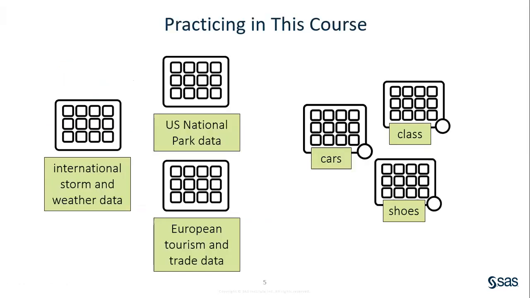All good? So during your training, the data which we'll be handling, of course, you are quite familiar with now. We have international storm and weather data, US National Park data, and European tours and trade data. Apart from it, there is some data outside your PG library, which is in SAS, which is cars, class, and shoes data.